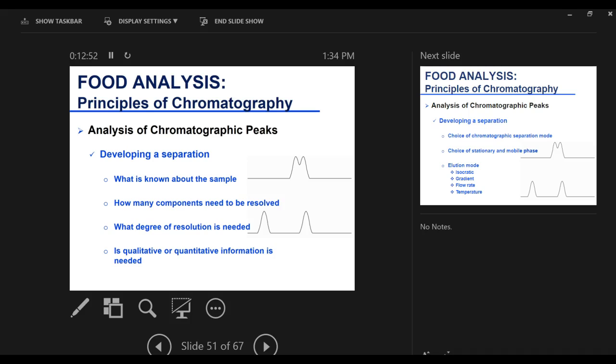What we know about the component will help us determine which stationary phase to use, whether it's going to be HPLC or GC, what stationary phase, what mobile phase. So we need to know as much as we can about the chemistry of the components we're analyzing. And how many components do we need to resolve? Are we looking at carotenoids?